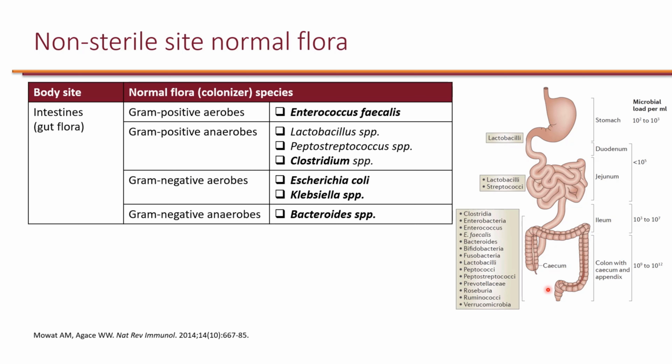So we want to avoid unnecessary antibiotics in order to preserve the flora. And when we cannot avoid antibiotics, we want to make sure that we use them for the shortest amount of time in order to minimize the collateral damage caused by antibiotics.